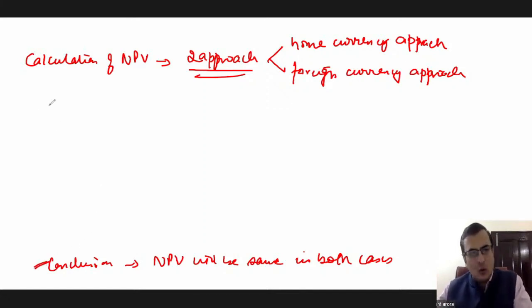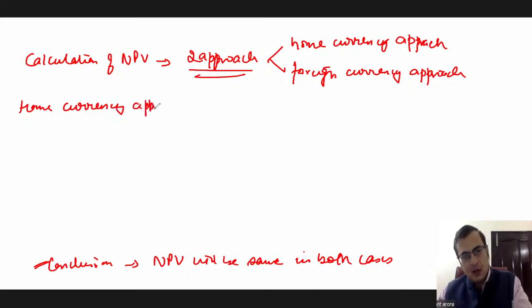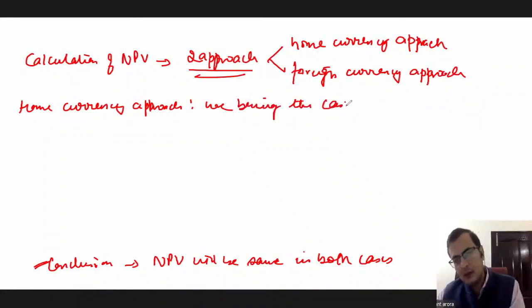So beta, in the home currency approach, what does it mean? Please write it if you have a notebook with you, or if you're just being a spectator, just see that. Simple thing: it means that we bring the cash flow into our country.